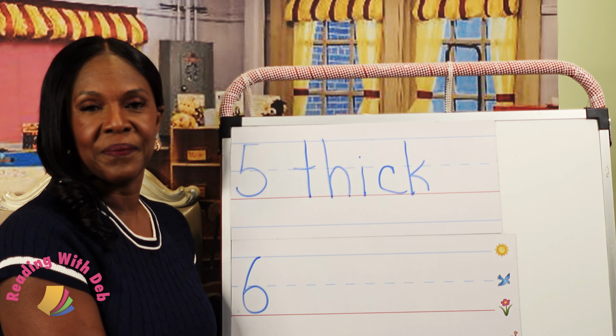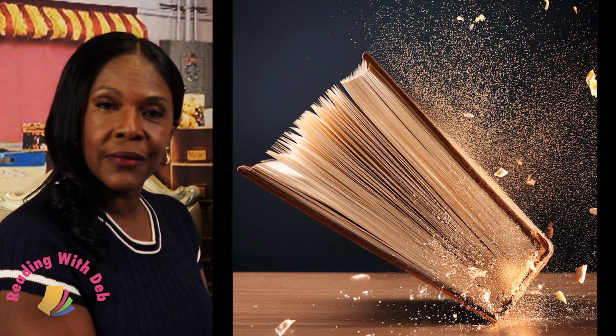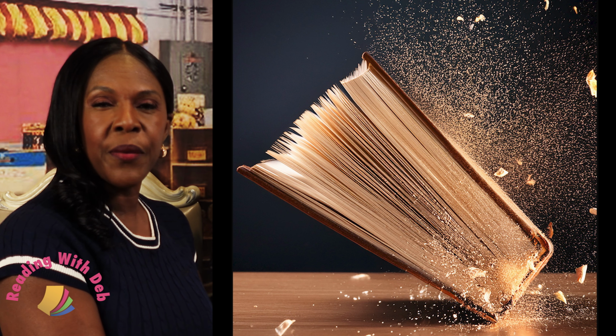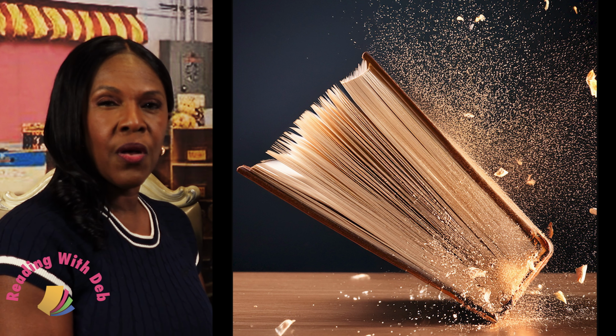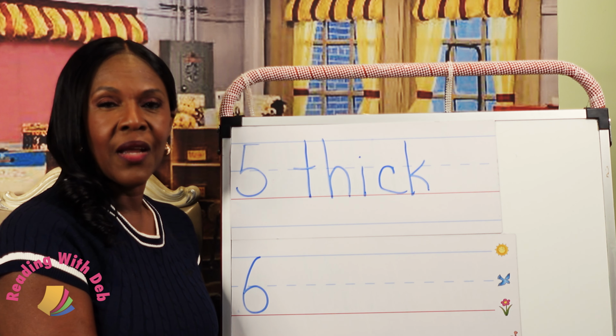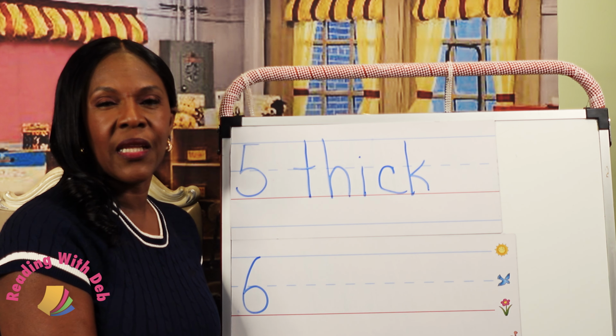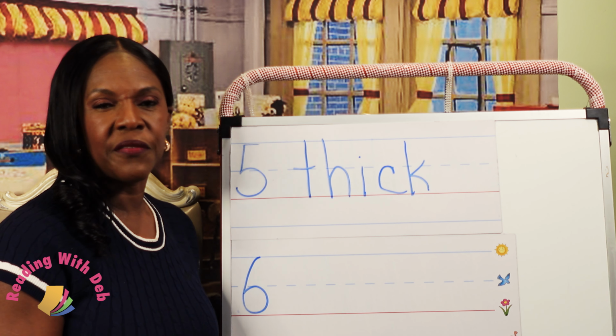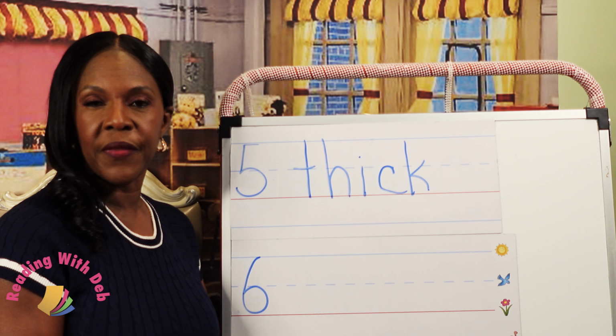Number 6. Thud. Thud. The heavy book fell with a thud on the floor. Now, a thud is a dull sound made by a heavy object falling on the floor or falling on something.